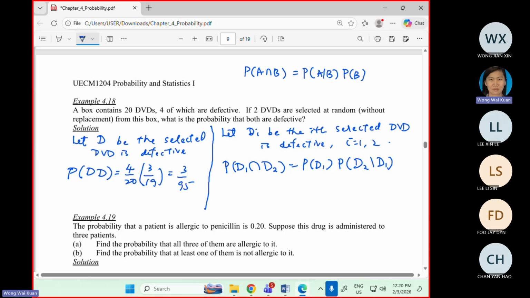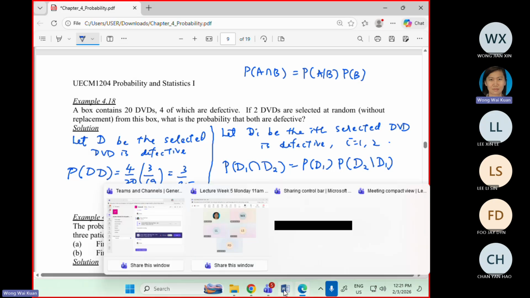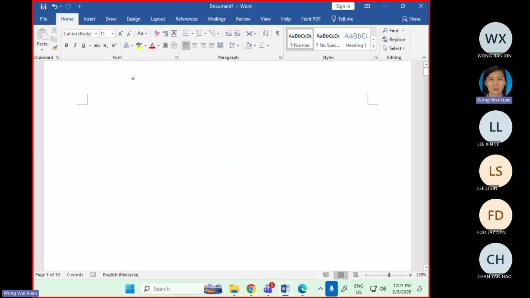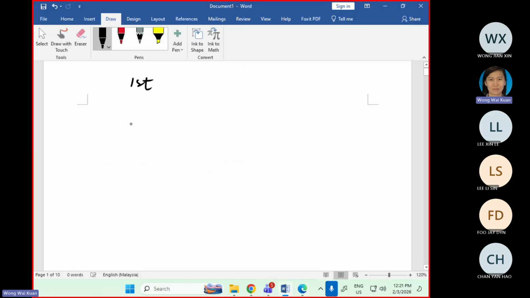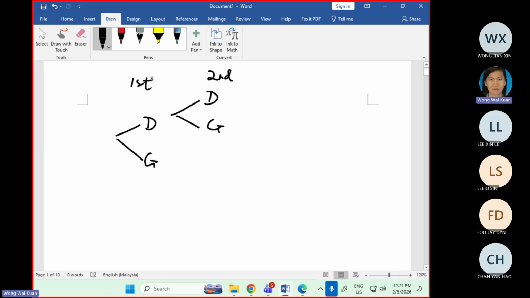The answer is the same, right? When I select the first one, it could be defective or good, right? Then only I choose the second one. The second one could be defective, could be good. If the first one is good, my second one also could be defective or good, right?